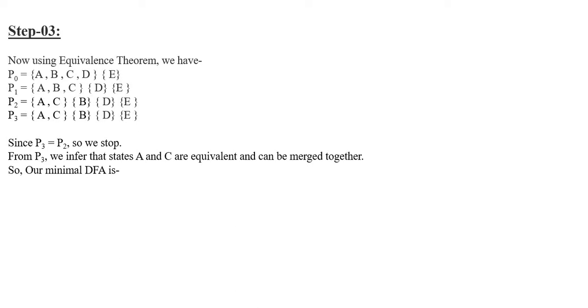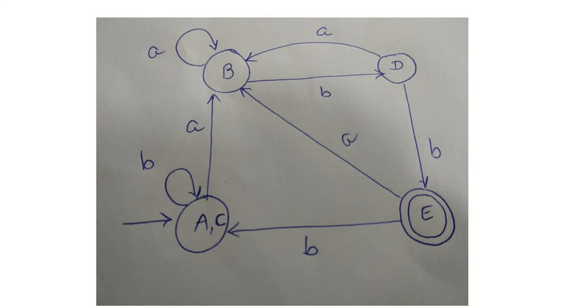So the total number of states is 4. So our minimal DFA is A comma C, then B, D and E. Other inputs remain the same.